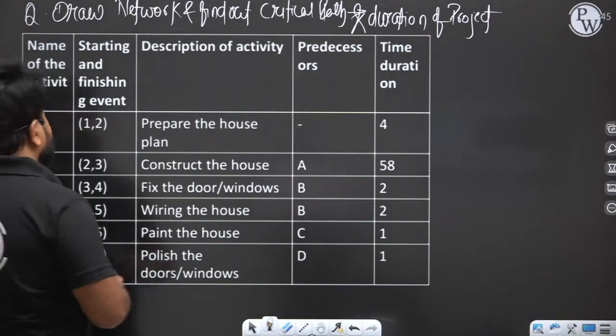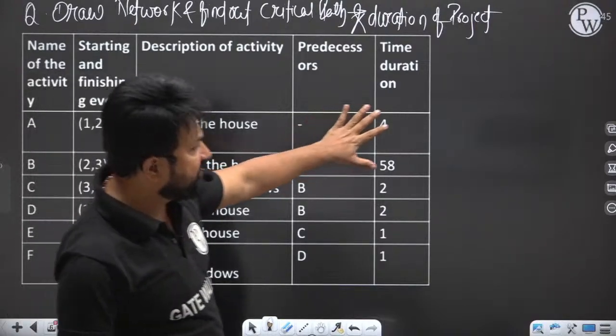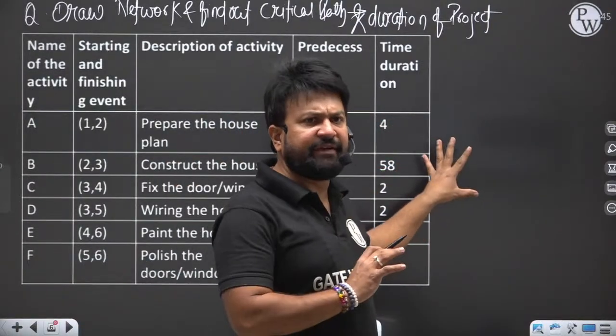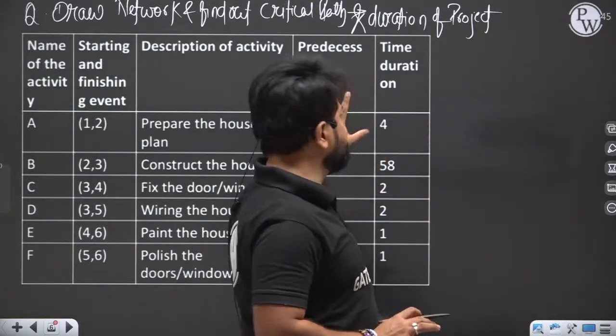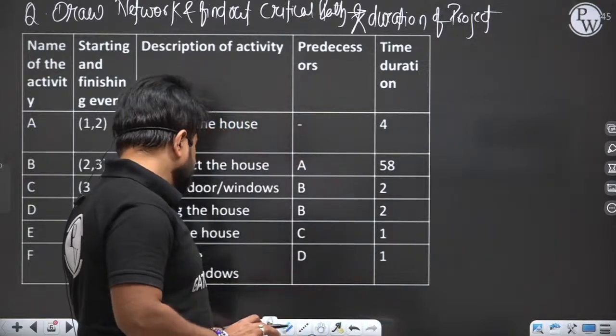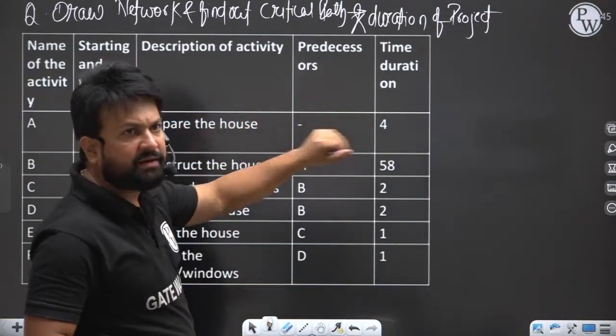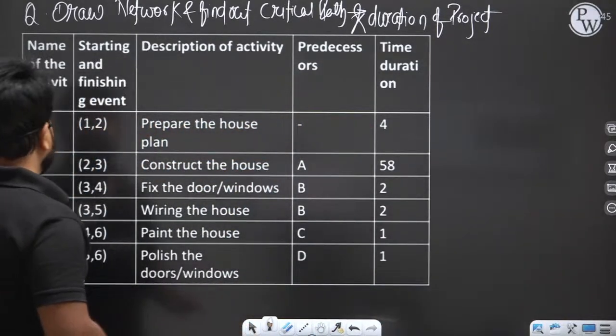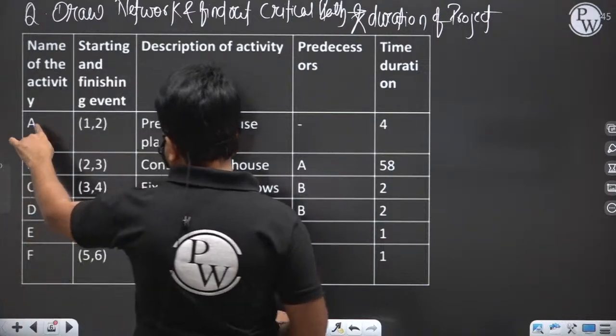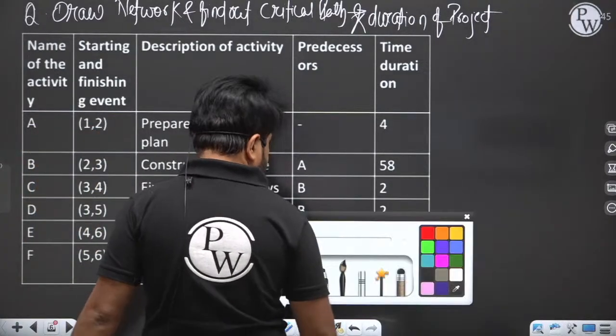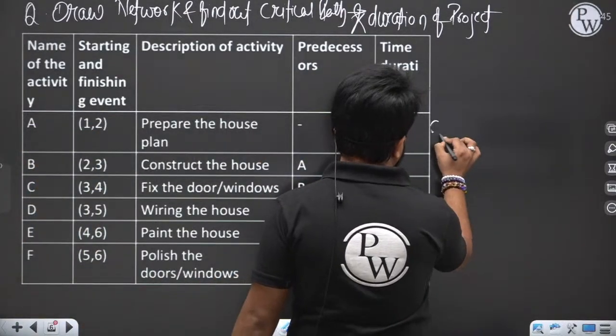Okay, let me solve. Is the space sufficient? Because we need this table now, here I am going to draw. A is the starting activity from event 1 to 2.